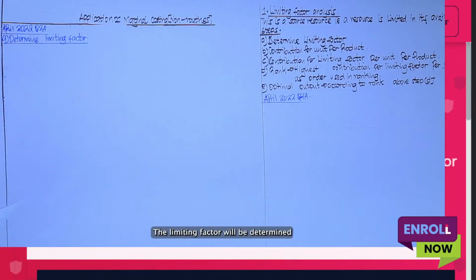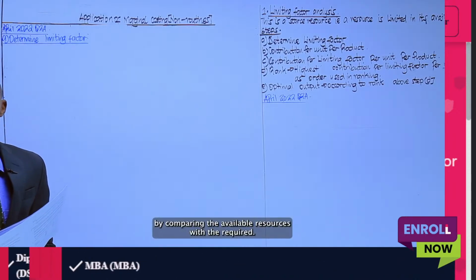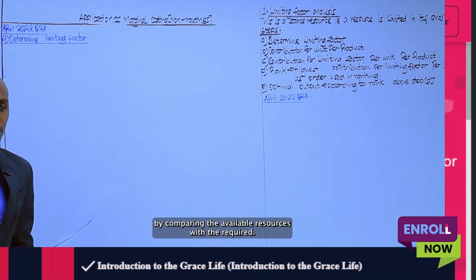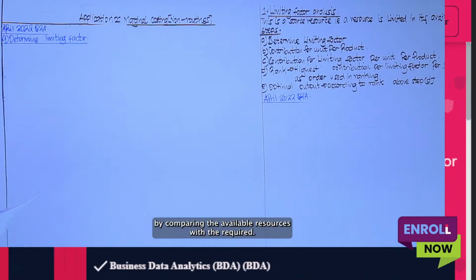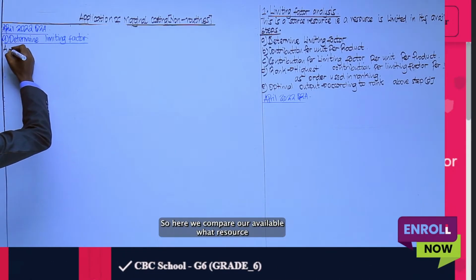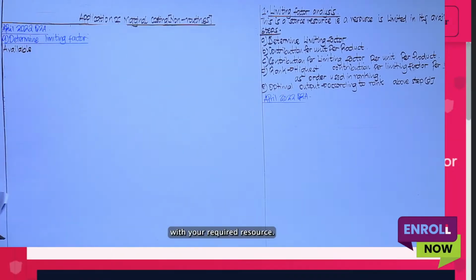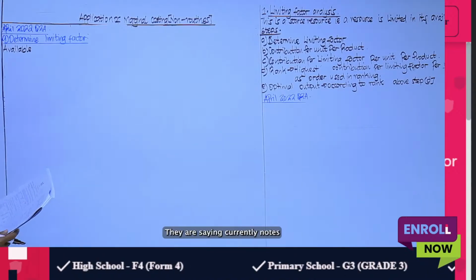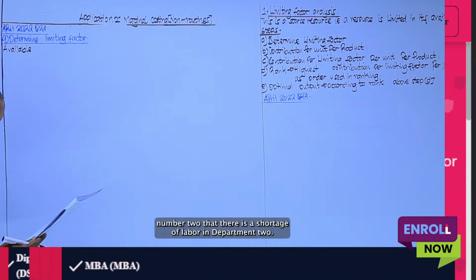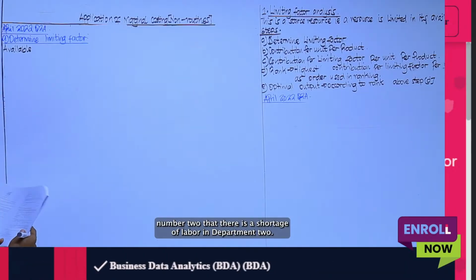The limiting factor will be determined by comparing the available resources with the required resource. So here we compare our available resource with your required resource. They are saying currently, note number 2, that there is a shortage of labor in Department 2.